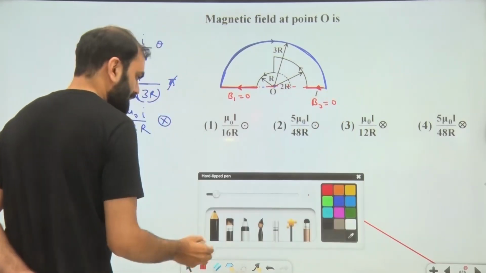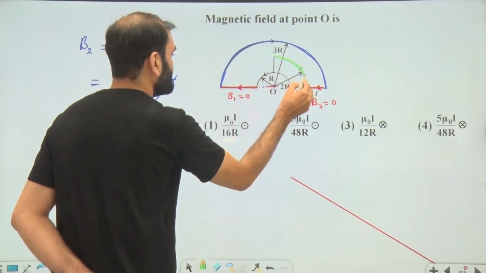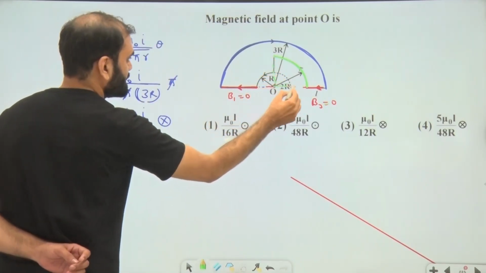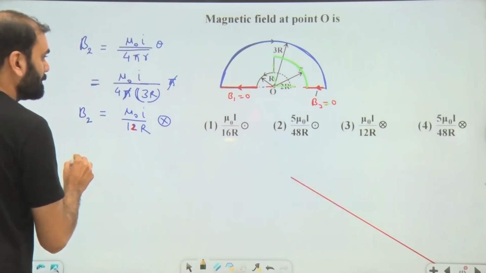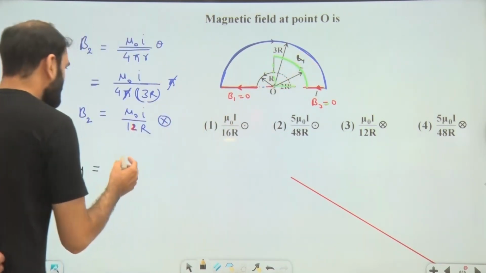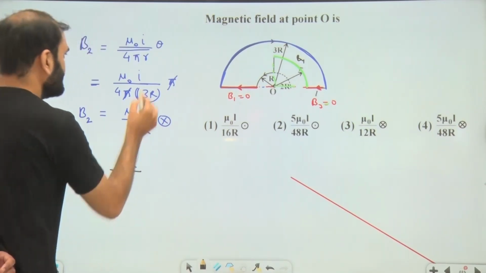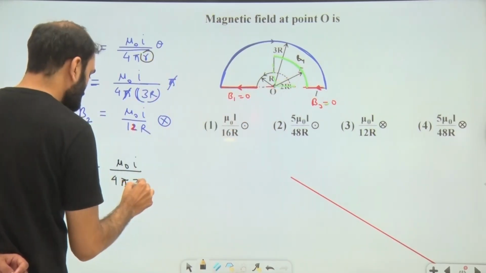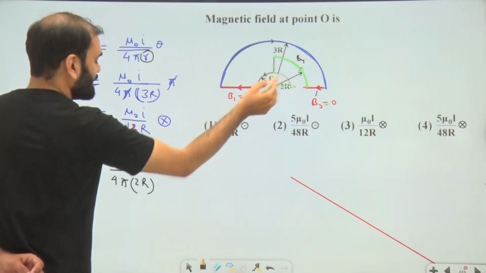Now the magnetic field due to B4. Here is the element, making an angle of 90 degrees from here. For B4, I write mu naught into I upon 4 pi, and putting in the value of the radius, which is 2r, and theta, which is pi by 2.